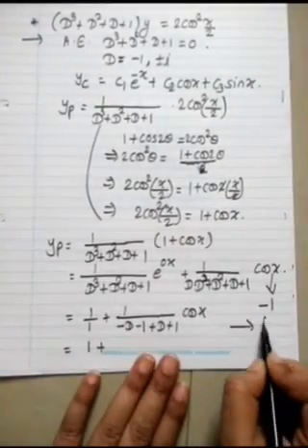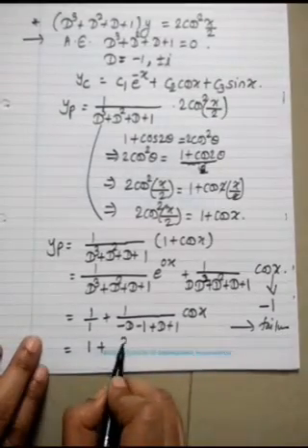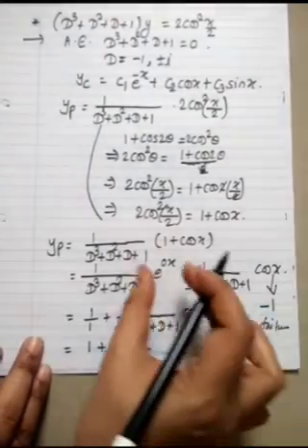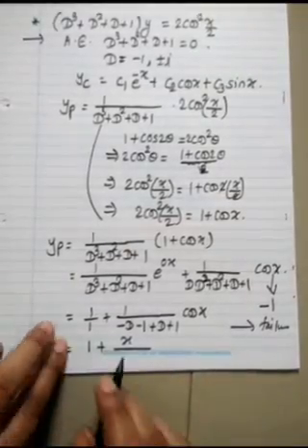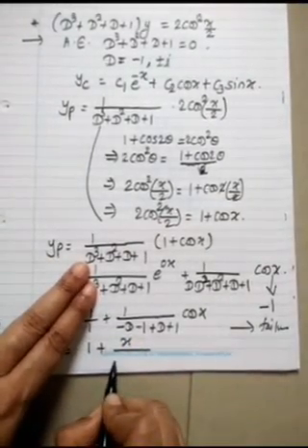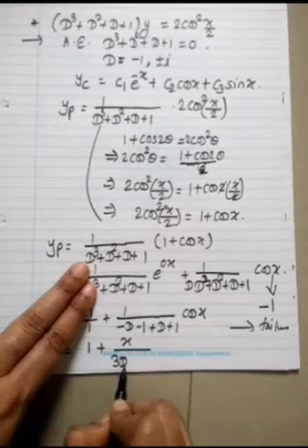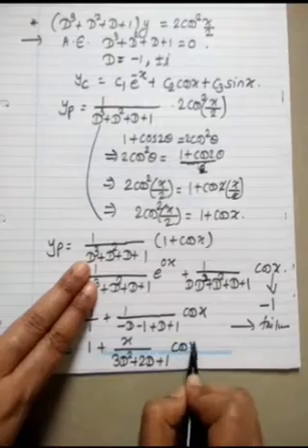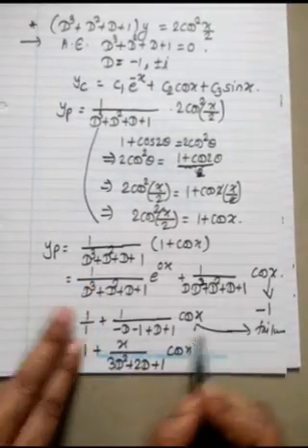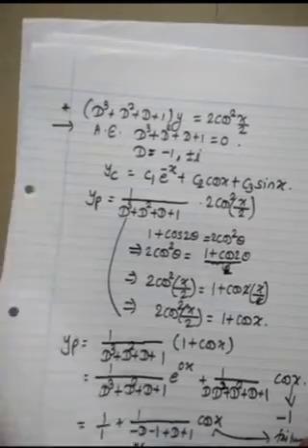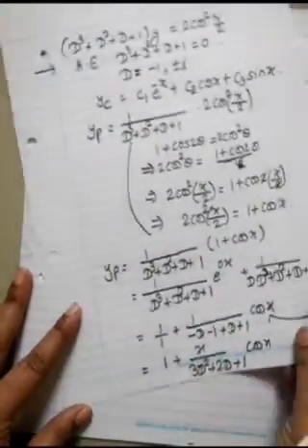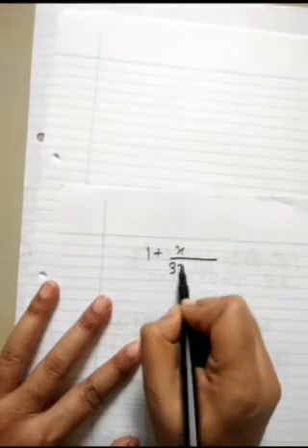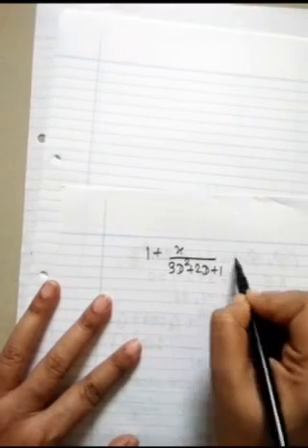So it is 1 plus 0. That is a failure case, so multiply by x and take the derivative. What is the derivative of the denominator? Derivative of this is 3D square plus 2D plus 1 into cos x. We are getting failure for this only; the first part is solved, so it is equal to 1 plus x upon (3D square plus 2D plus 1) into cos x.